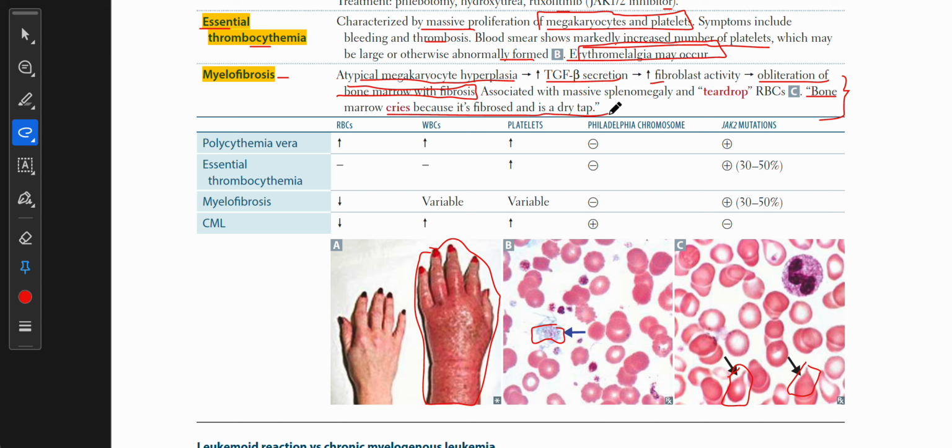So there are differences between different conditions here: polycythemia vera, then essential thrombocythemia, then myelofibrosis, and chronic myeloid leukemia. There are differences, right? The RBCs in polycythemia vera increase, WBCs also increase, platelets also increase, and the Philadelphia chromosome is negative in polycythemia vera, Janus kinase 2 mutation is positive.